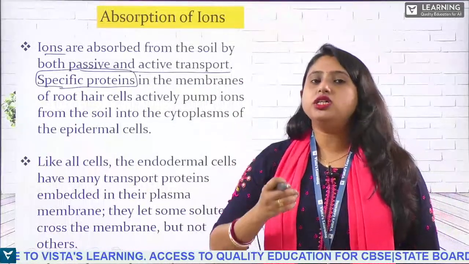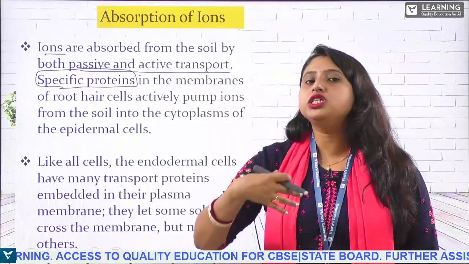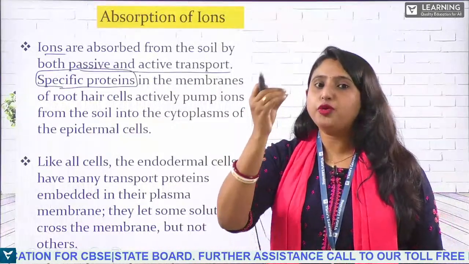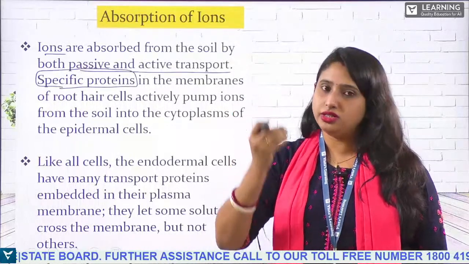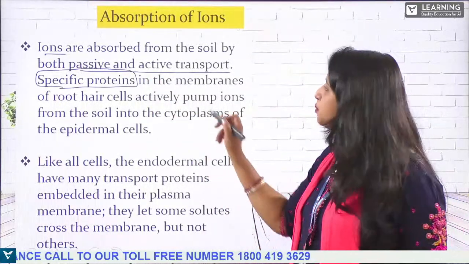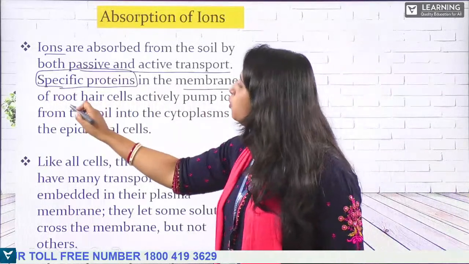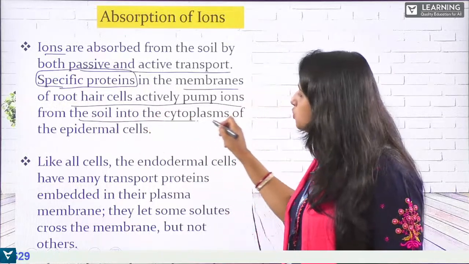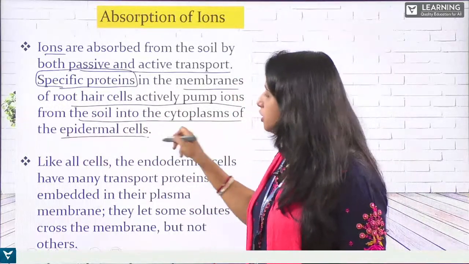These proteins help the molecules which cannot cross the plasma membrane, that is, the channel proteins or the carrier proteins. These are the specific proteins present in the membranes of root hairs, which actively pump the ions from the soil to the cytoplasm of the epidermal cells.